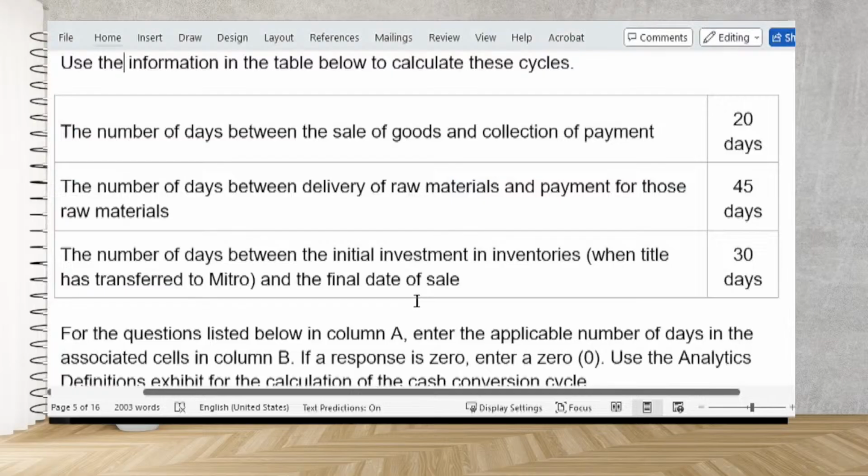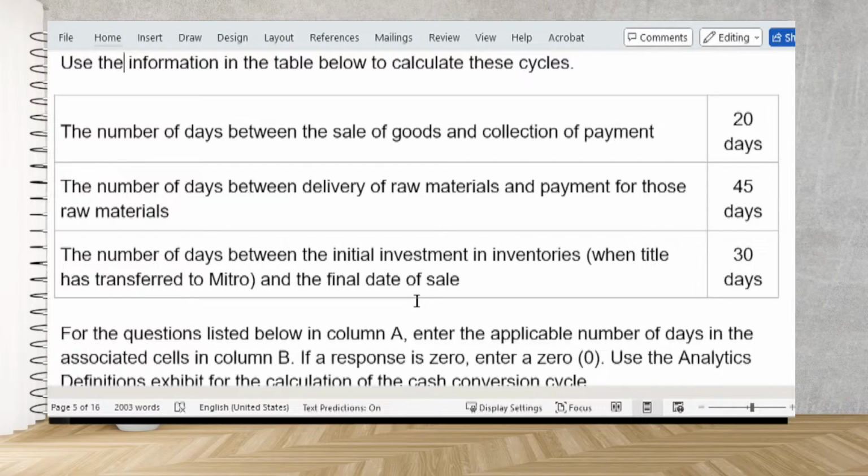Then the number of days between delivery of raw material and payment for those, this is basically the AP, accounts payable, that we need to reduce for calculating the cash conversion. This is not part of the operating cycle. And the number of days between the initial investment in inventories and the final date of sale, when the title has been transferred.